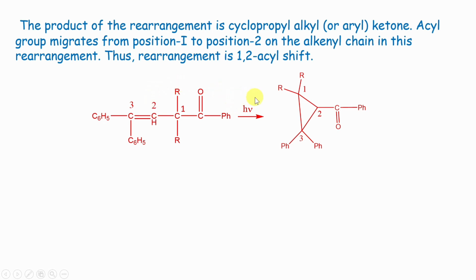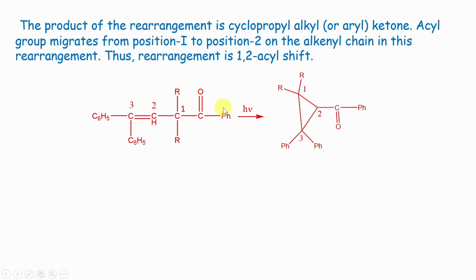When light is passed through it, homolysis of this bond also takes place, and this carbon becomes a radical and this also becomes a radical. When this carbon-carbon bond gets homolysis, the first carbon becomes a radical and this carbon also becomes a radical.